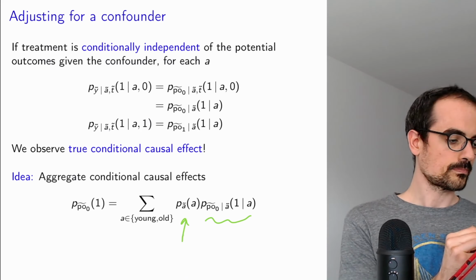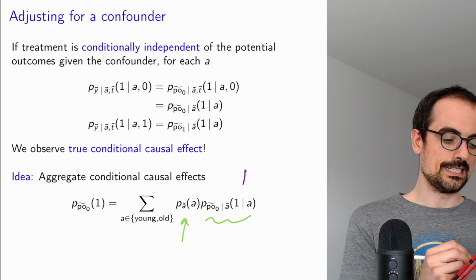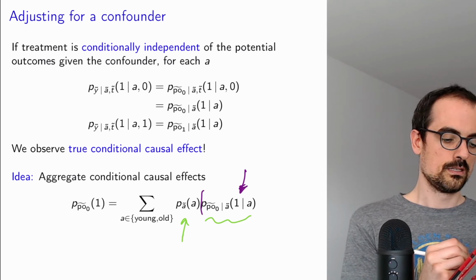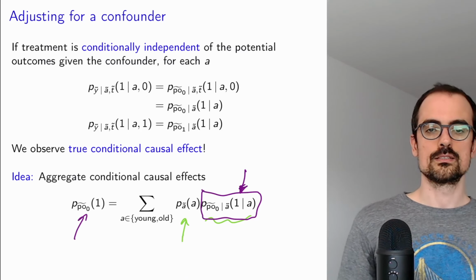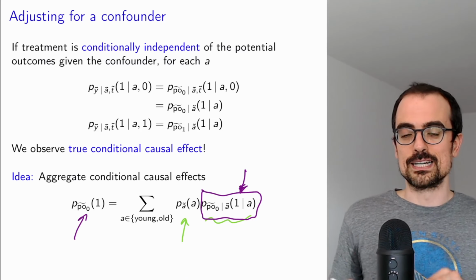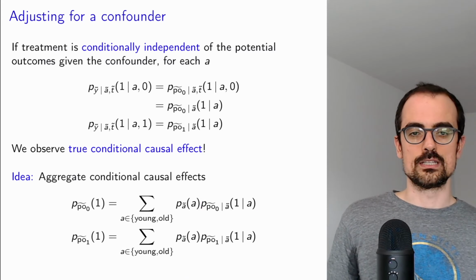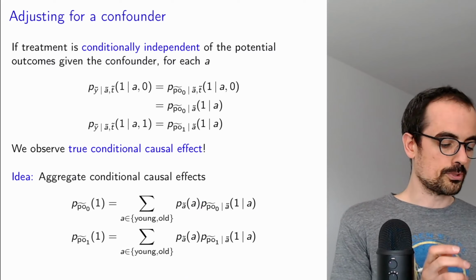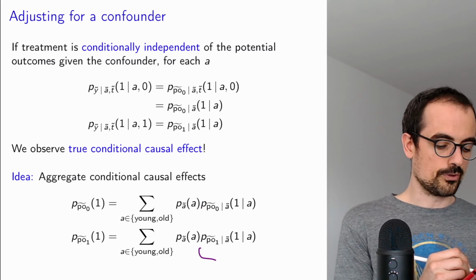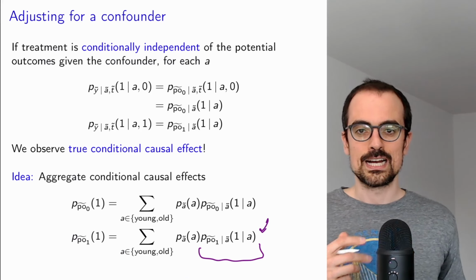As long as these can be observed from the data, you're going to be able to reconstruct that, under these strong assumptions that you have, again, mini randomized trials for each of the different ages. And the same for the potential outcome associated with treatment. You're going to take the observed probability of recovering given each age and given that you receive treatment, and you're going to combine them.